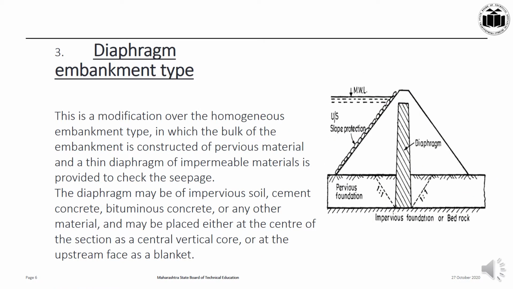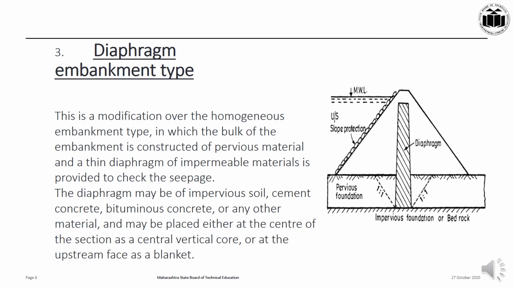Diaphragm embankment. This type of embankment has a thin impervious core which is surrounded by earth or rock. The impervious core, called the diaphragm, is made of impervious soil, concrete, steel, timber, or any other material. The right-hand side diagram shows the diaphragm wall, which is mostly made of concrete, steel, timber, or soil.